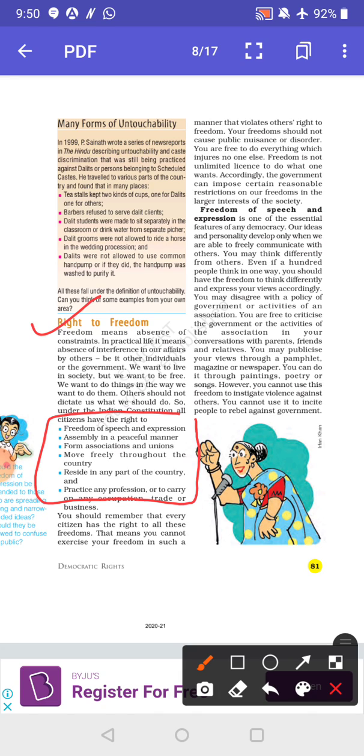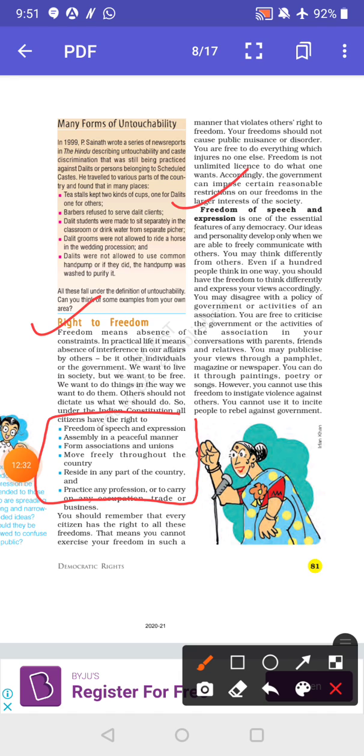Freedom is not an unlimited license to do whatever one wants, and accordingly the government can also impose certain restrictions on the freedom in the interest of society. Now we will go through all these 6 freedoms one by one.